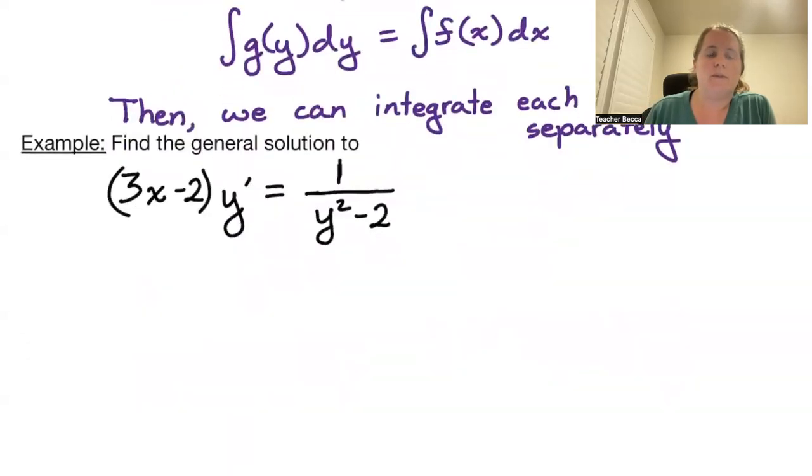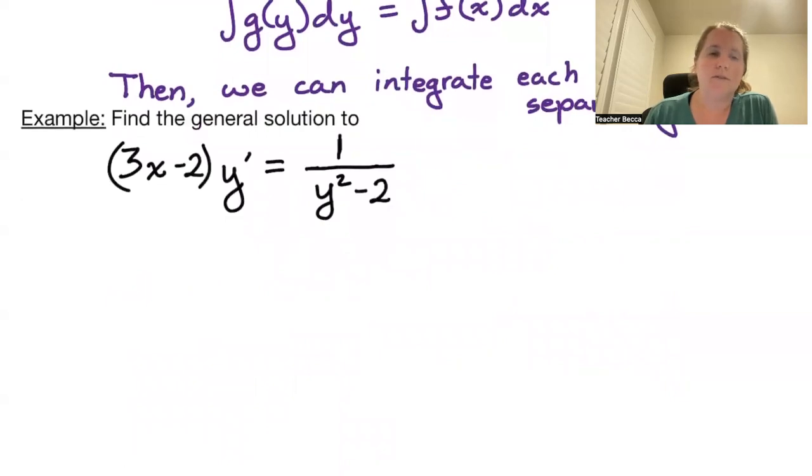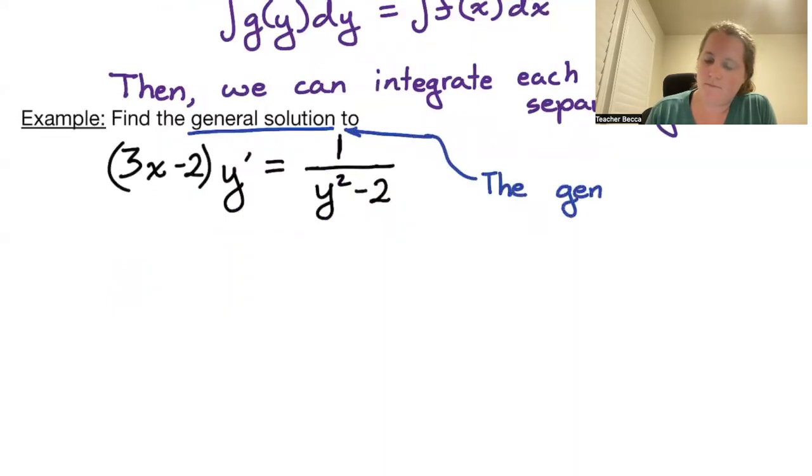So for example, let's go ahead and find the general solution to 3x minus 2 times y prime equals 1 over y squared minus 2. Regarding the language here, general solution: recall I mentioned in the previous video, we can have infinitely many solutions. So this is the general format for all solutions, which is what we're looking for.